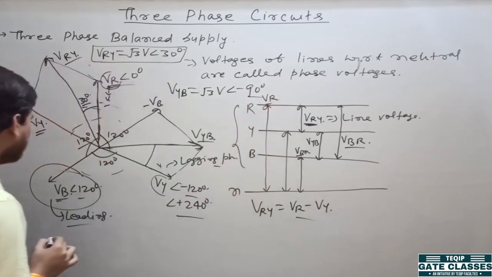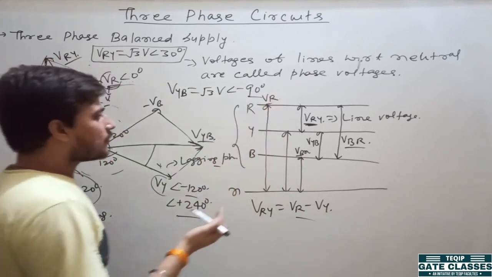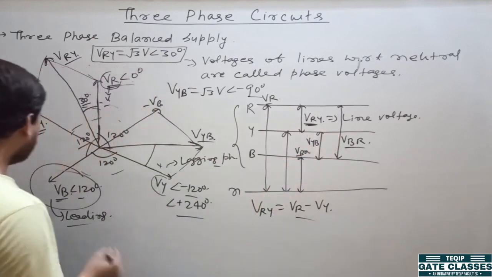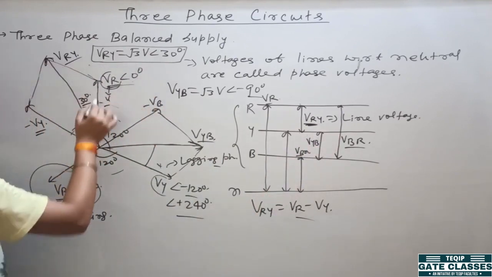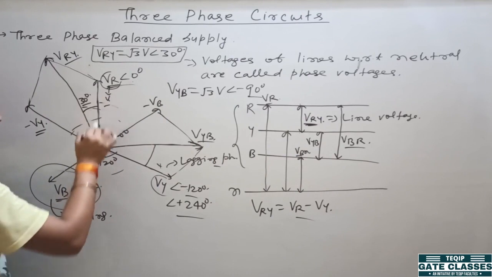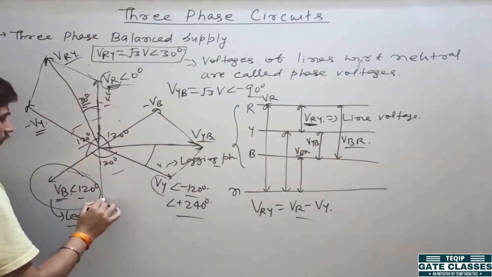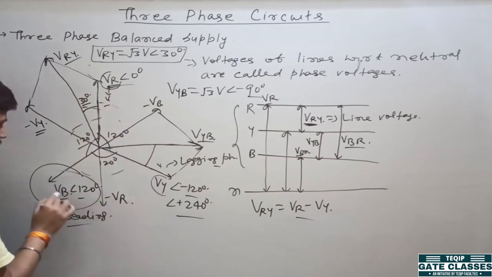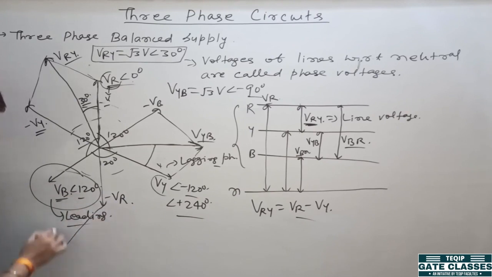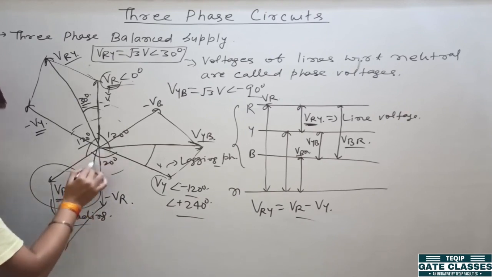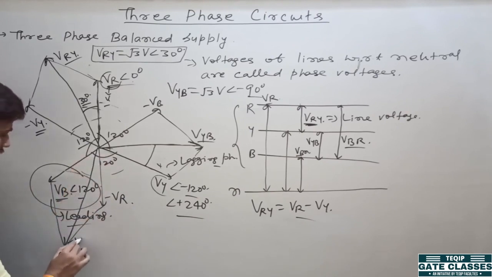Similarly, next we are having VBR. So VB is here and VR. So we'll have to take VB minus VR. That means VR will be here. This is minus VR. So you have to take the phasor sum and this will be VBR. So here what do you see?